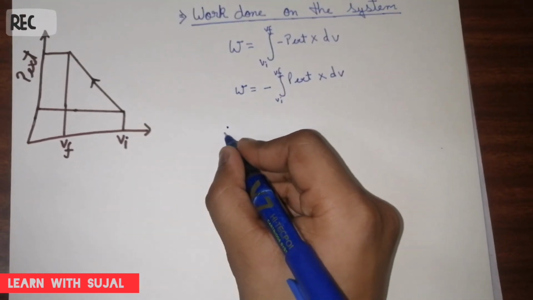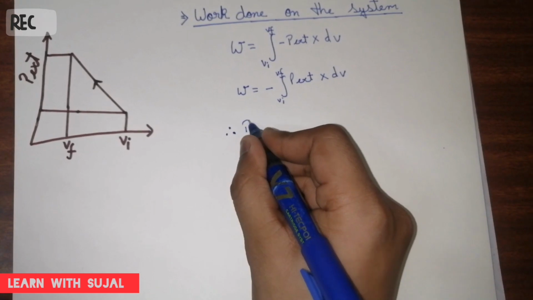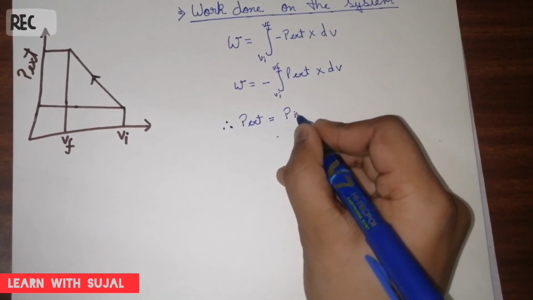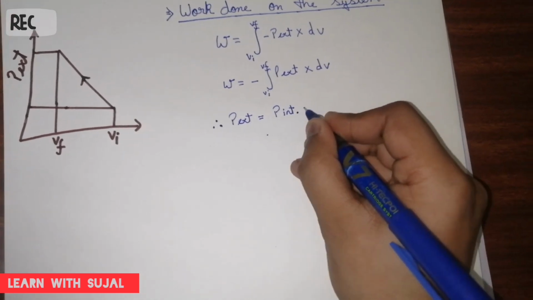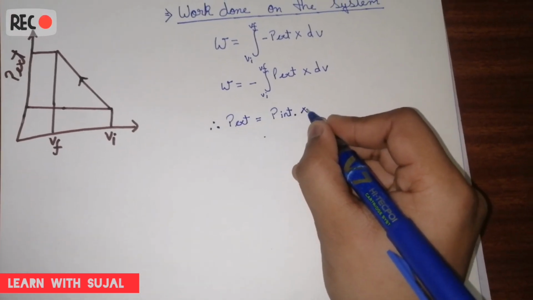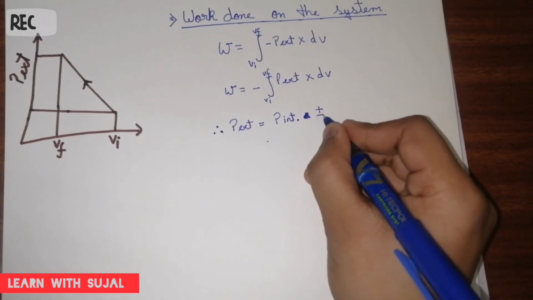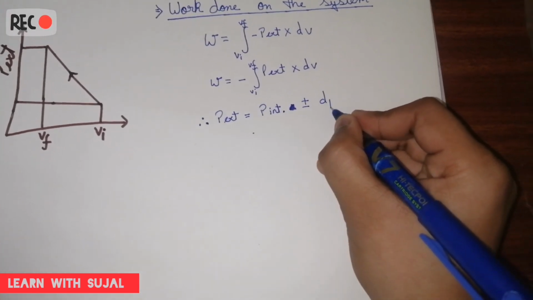Okay, so we know that pressure external is equal to pressure internal plus minus dP.